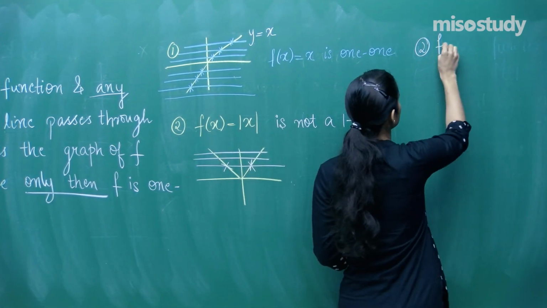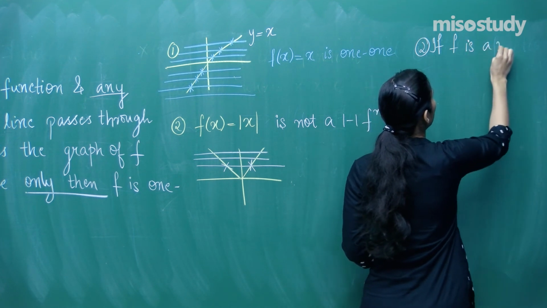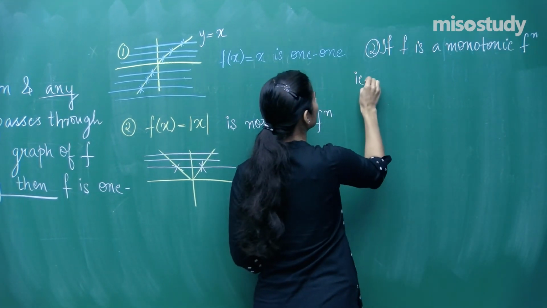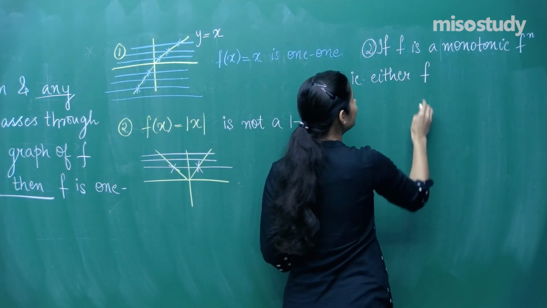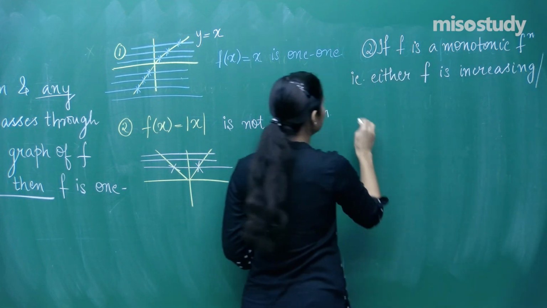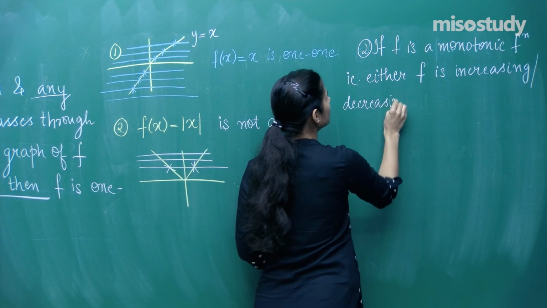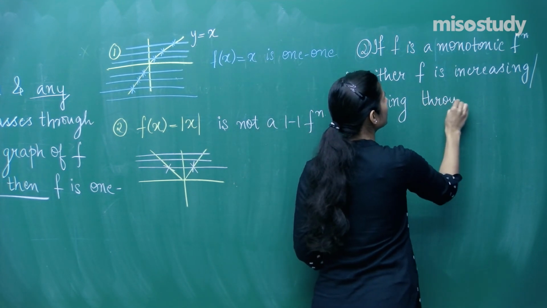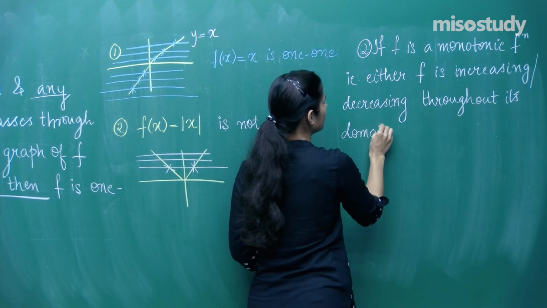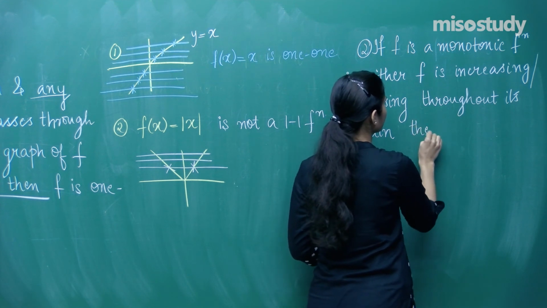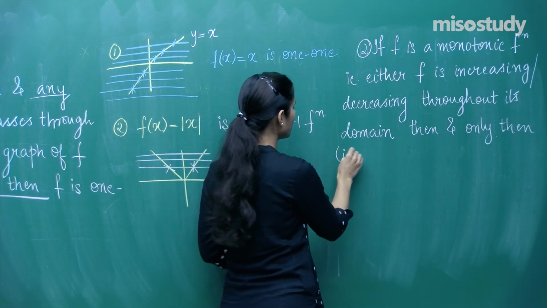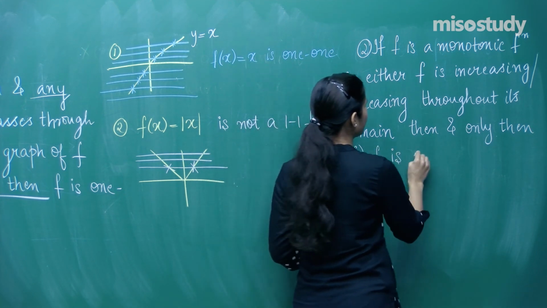It says, if f is a monotonic function, that is, either f is increasing or decreasing throughout its domain, then I say, and only then, this is an if and only if condition, f is 1 to 1.